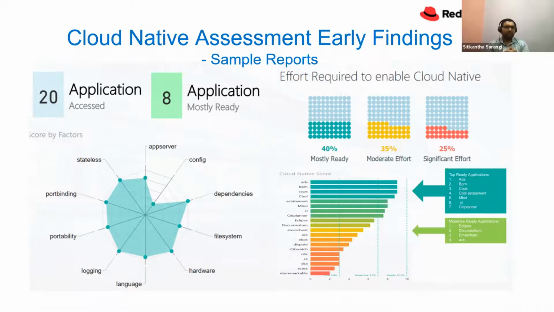When we talk about the interviews or assessing the application, the most important thing is the application documentation, which is a big problem with most organizations, because for monolithic applications that part is not there. Most of the developers are probably also not aware of what each part of the code is doing.